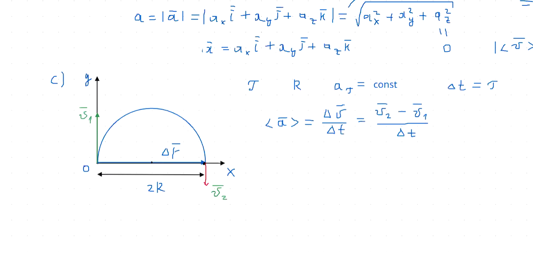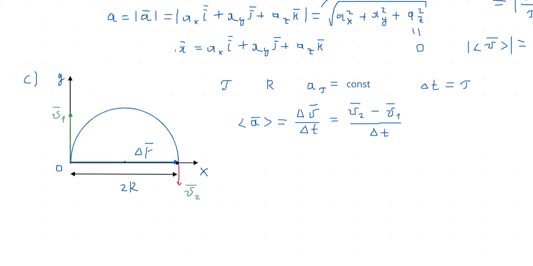Now the next step is to write these vectors v1 and v2 in this form. It is necessary to write this in such form. Okay, so how to do this?